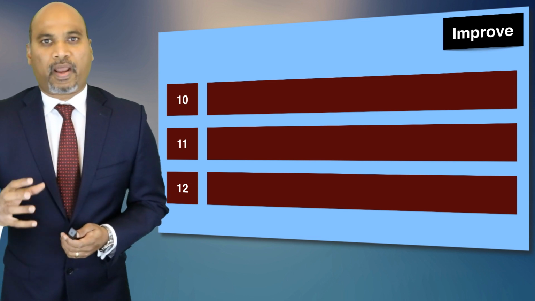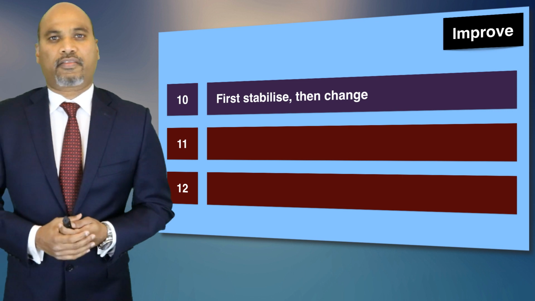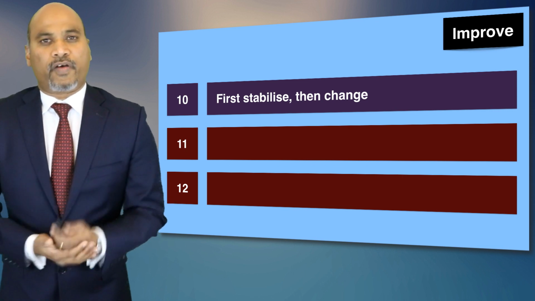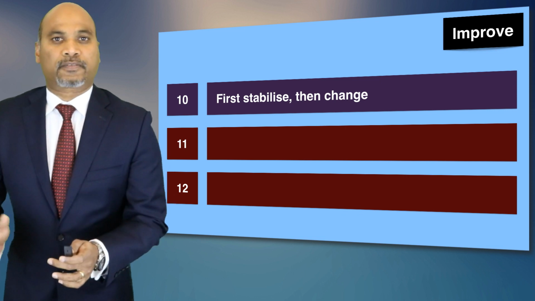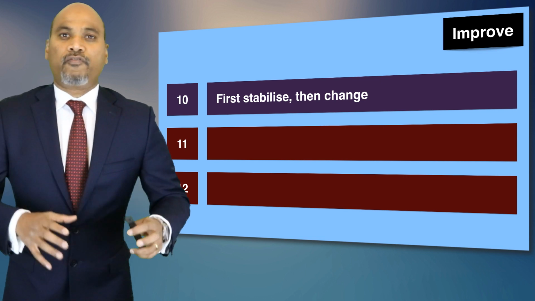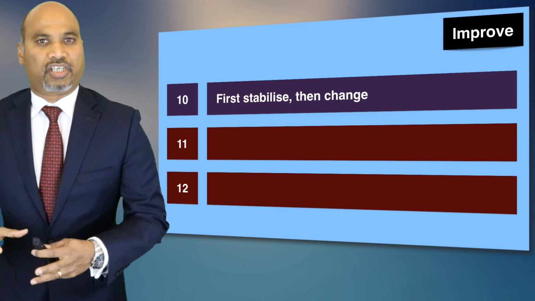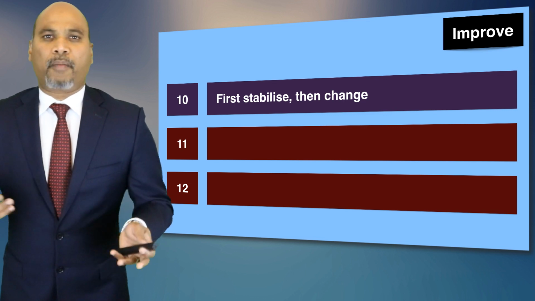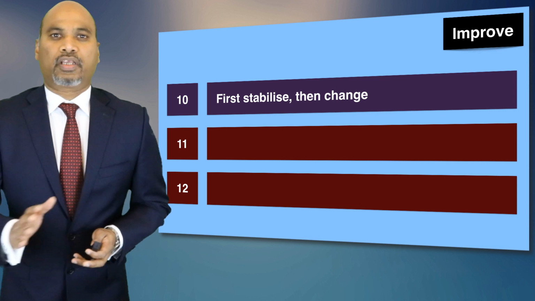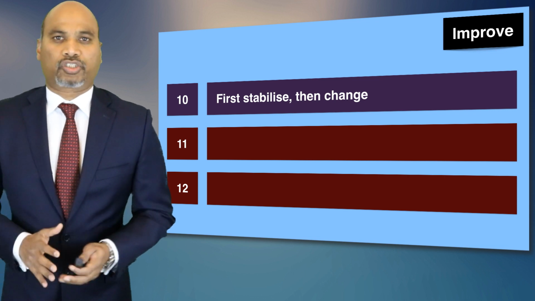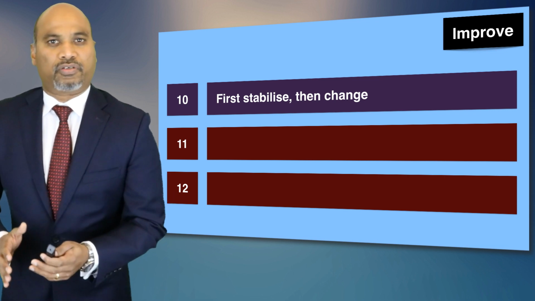So you put up a plan to improve, and when you do that, these are the things you need to keep in mind. First, stabilize, then change. If your operations are unstable, right, if your business situation is unstable, when the factors are going up and down uncontrollably, right, any change won't yield any results whatsoever. So you need to stabilize before you could change.